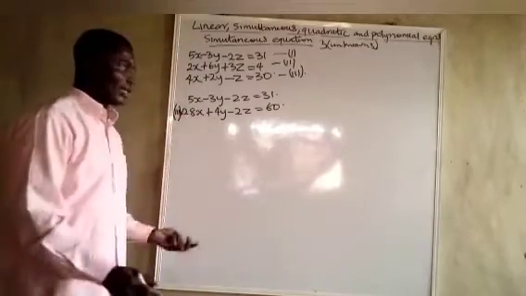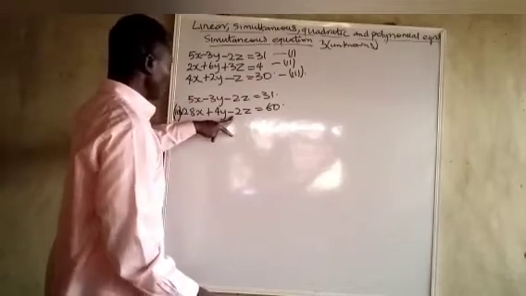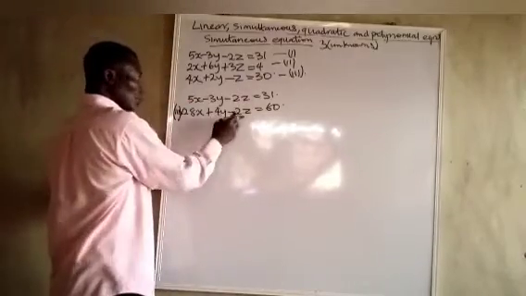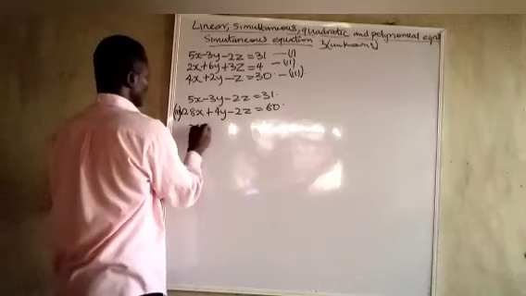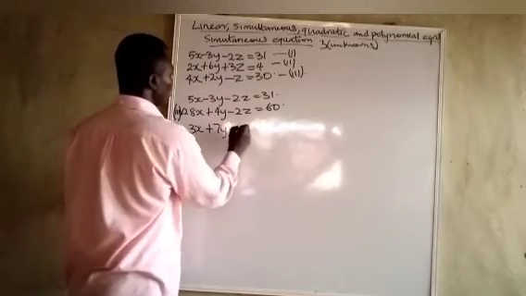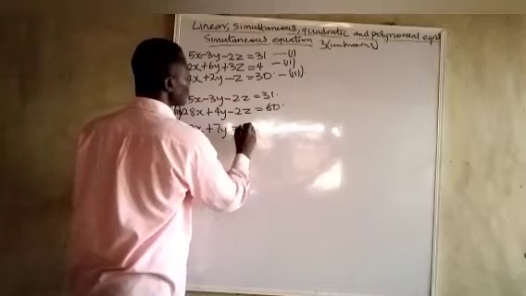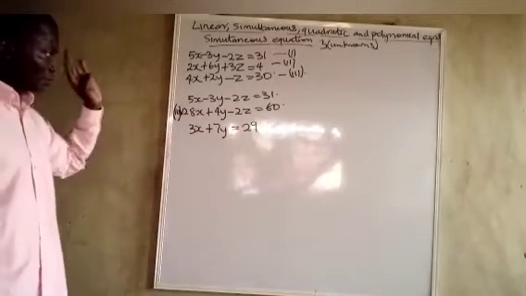So from here, all I need to do is subtract the first one from this one. If I subtract this one from this one, that's going to give me 3x plus 7y is equal to 29. You can see it has reduced to 2 unknowns.